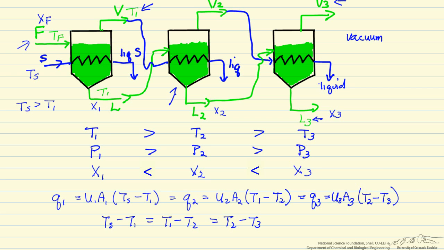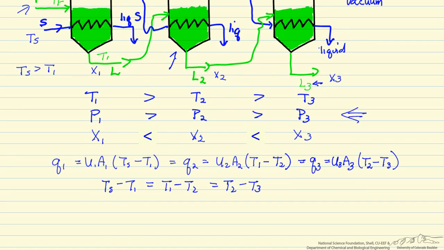These temperatures will then determine which pressures we have to operate the effects at to get steady state operation. The total amount of heat transferred is Q1 plus Q2 plus Q3, which is equal to UA times the total temperature difference, Ts minus T3.